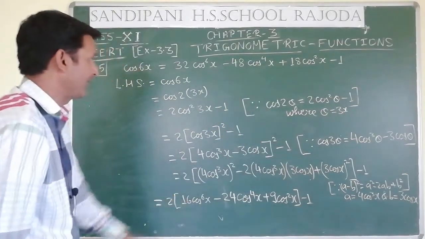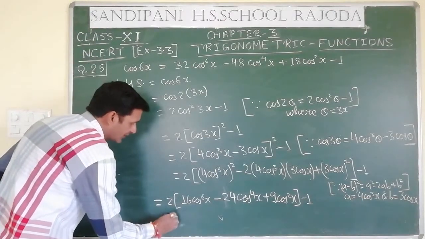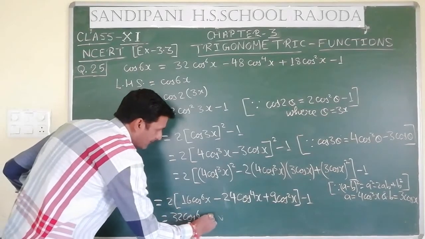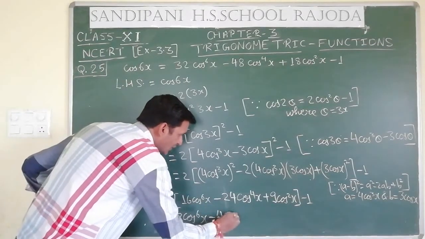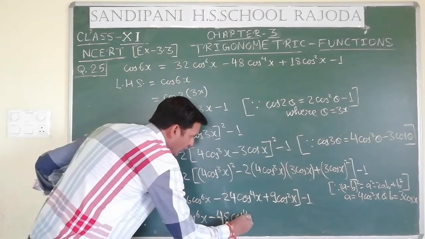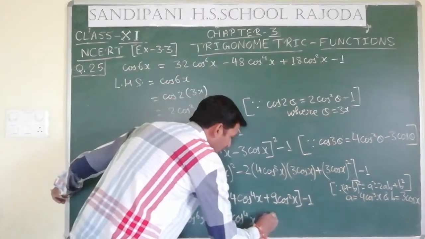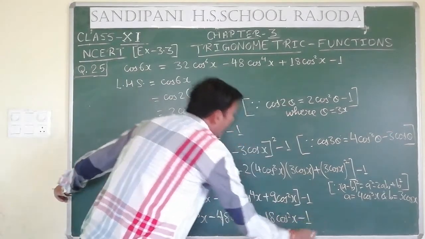Now we may multiply 2 in this bracket. So it will become 32 cos raised to the power 6x minus 24 2s are 48 cos raised to the power 4x plus 9 2s are 18 cos square x minus 1.